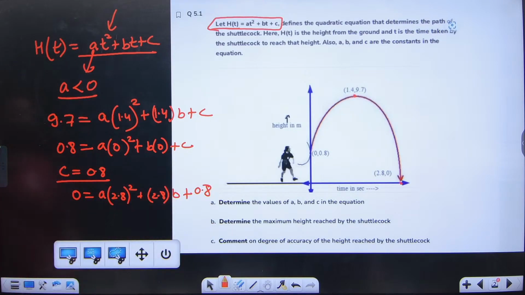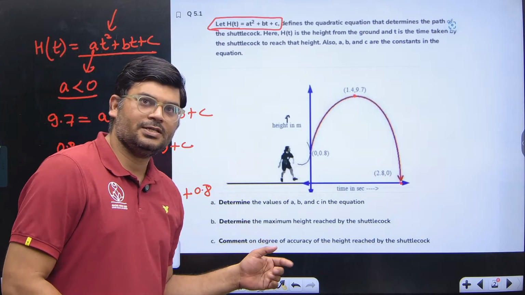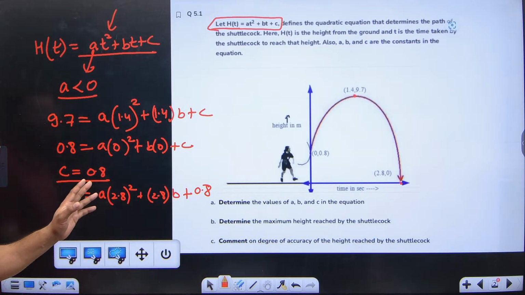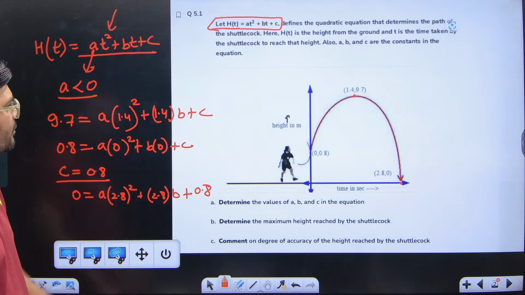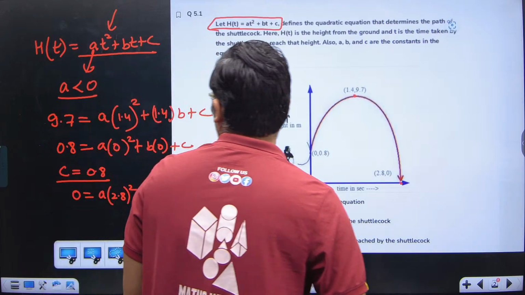Are you getting it? So you're replacing t with each value. Yes, then only we can find the values of a, b and c. First we got the value of c, and then I am substituting the value of c in the rest of the two equations to find the values of a and b.